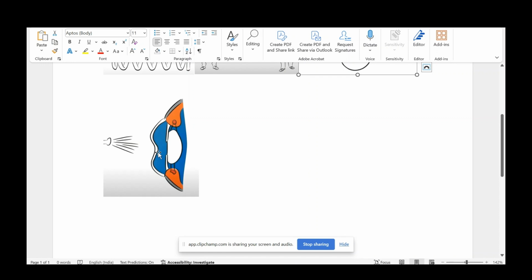A compromised, ectatic cornea, like in keratoconus, is much softer, and it regains its shape slowly and partially. So that, in very simple terms, is corneal biomechanics.